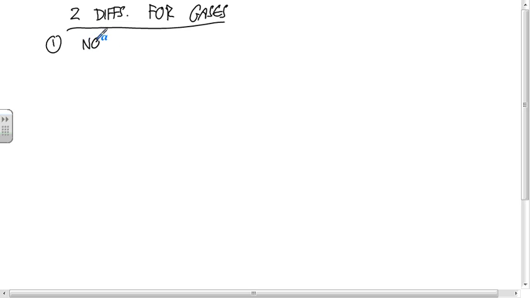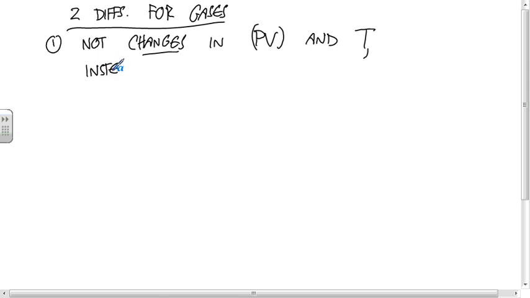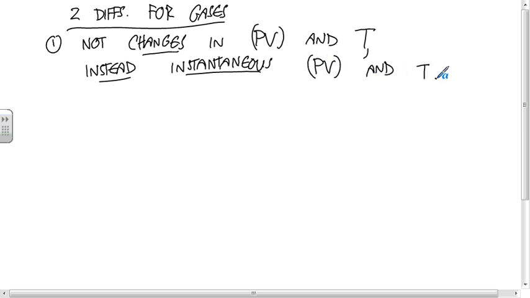Now, we're not going to be talking about changes in pressure times volume and temperature. Instead, we'll be talking about instantaneous pressure times volume and temperature.